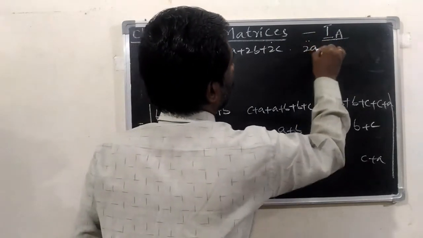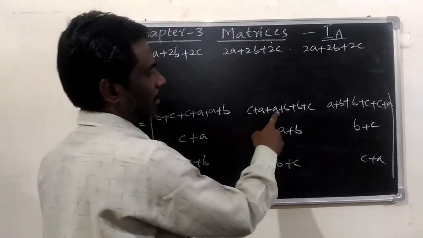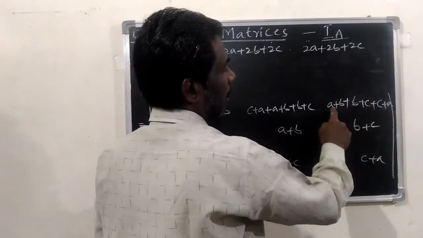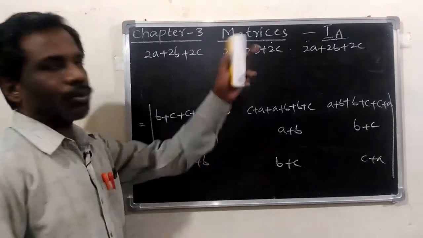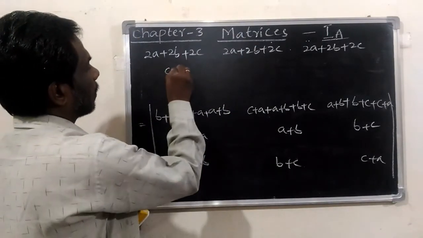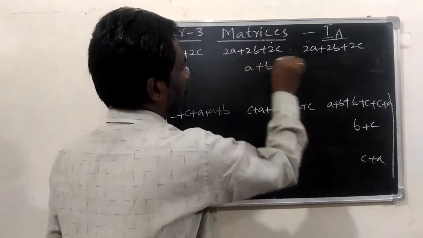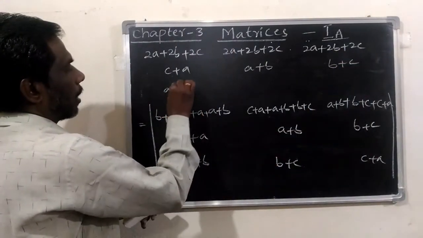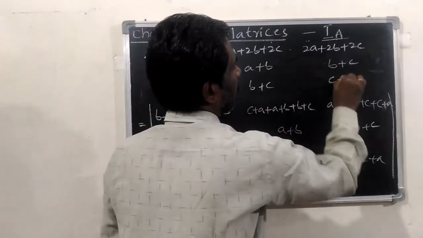And the remaining R2 and R3 are written as they are: c+a, a+b, b+c, and a+b, b+c, c+a.